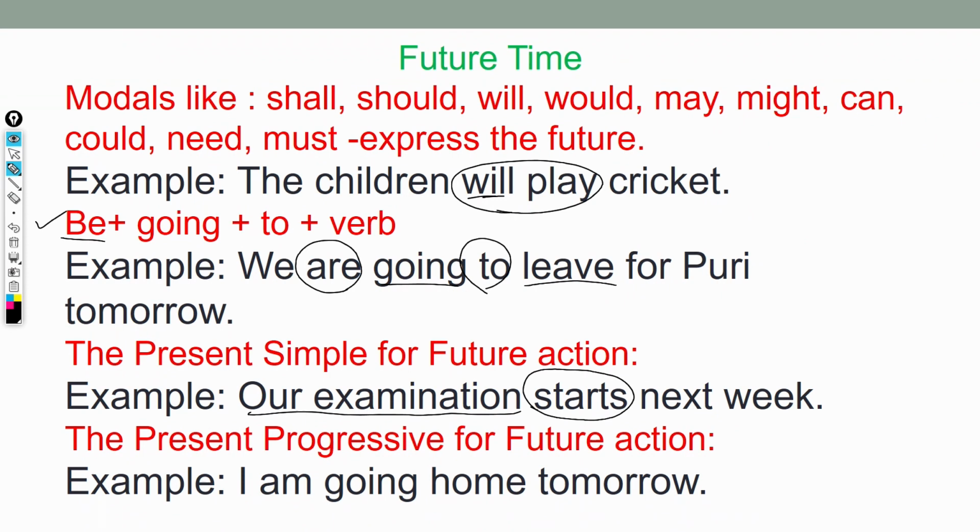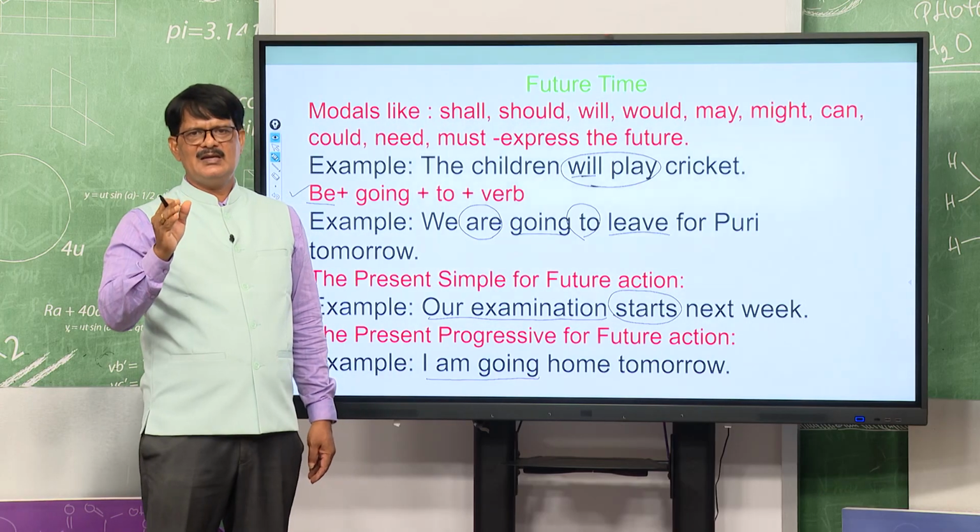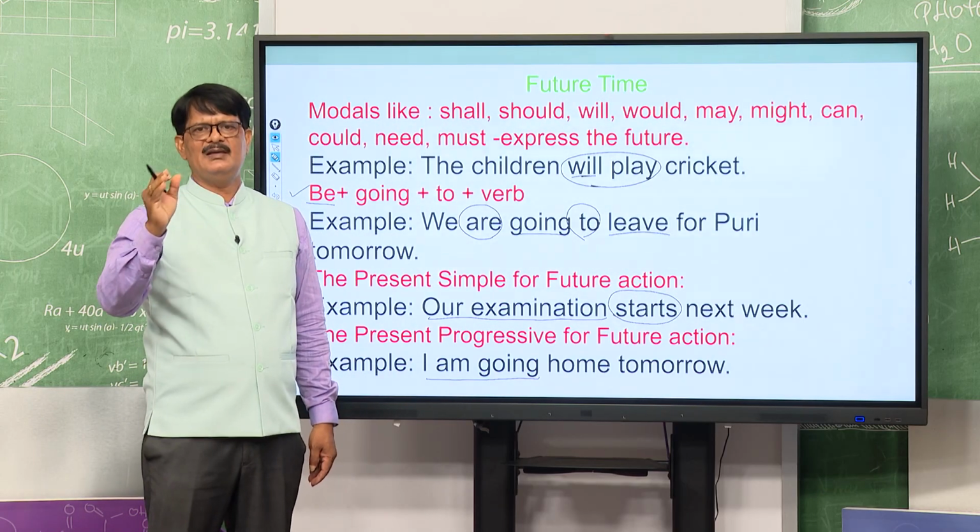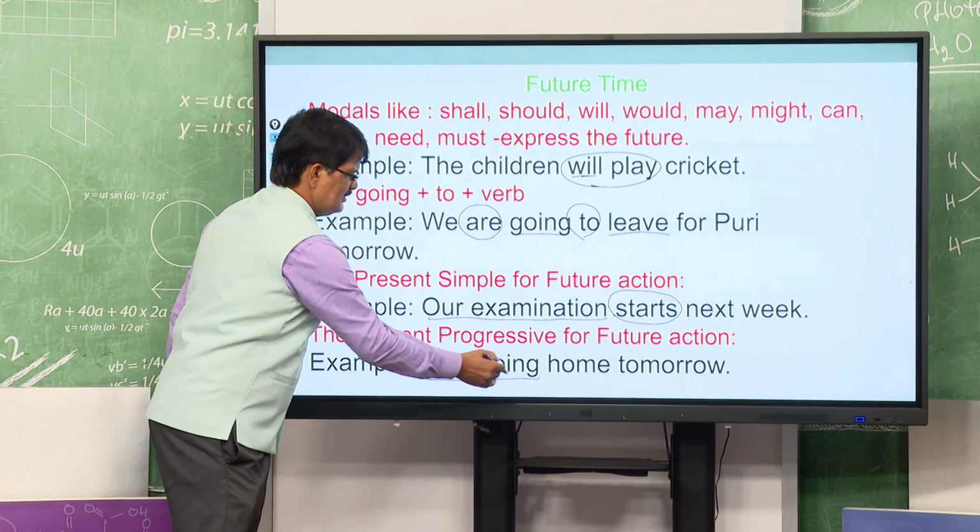Another is your present progressive for future action. I am going home tomorrow. Remember about the progressive: subject, then is, am, are, verb plus ing.